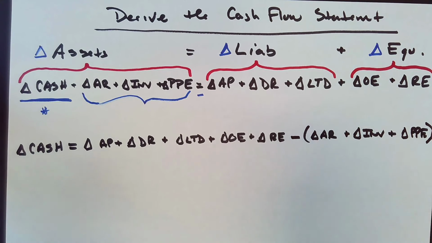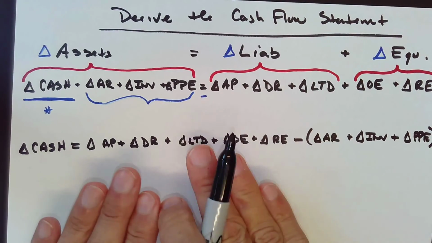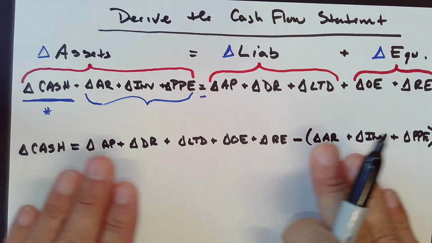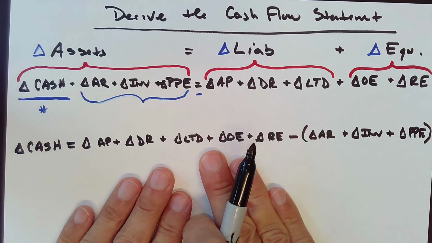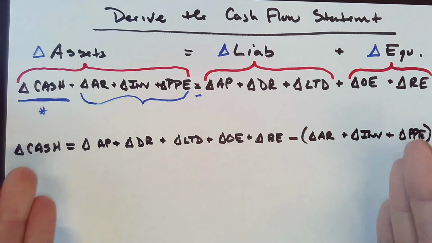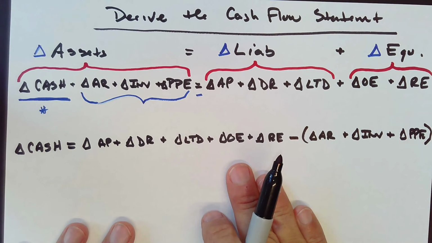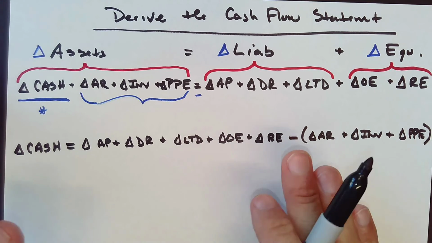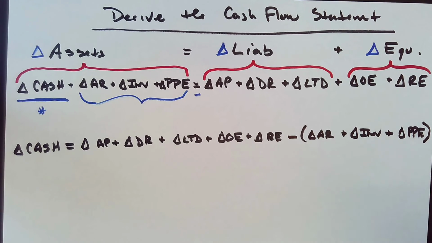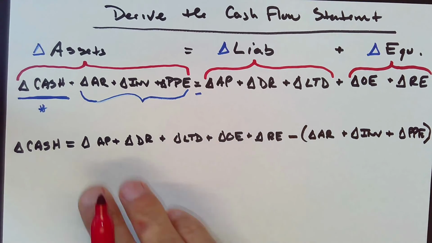Now, for your company, you may have more assets and liabilities and equity accounts. But if we had a very simple structure that I laid out here, we are ready to start putting together a cash flow statement. The question is starting to classify these things, any of these changes.